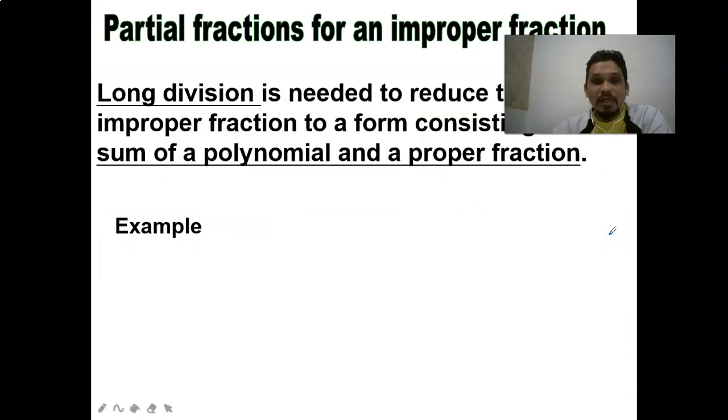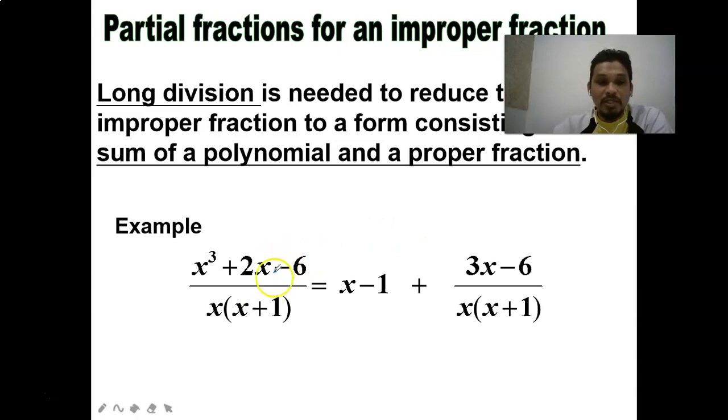Partial fractions for an improper fraction. For example here, x multiplied with x gives you x², and the numerator here has x with a degree of 3.